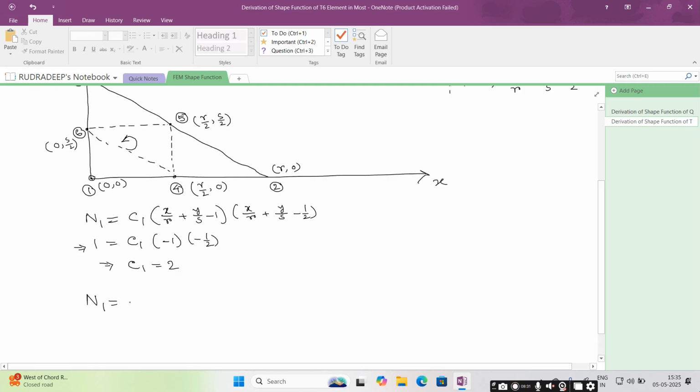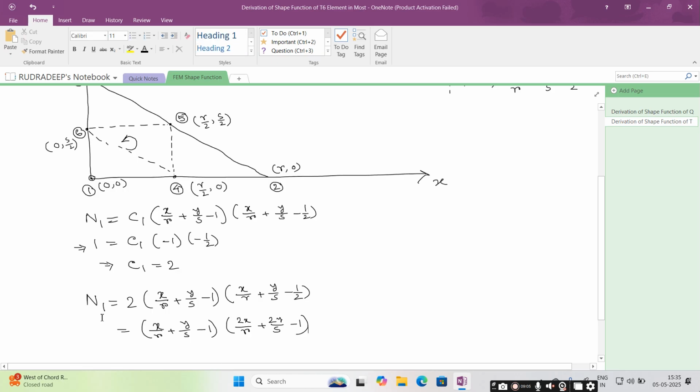N1 would be 2 into x by r plus y by s minus 1 and x by r plus y by s minus half. I will take the 2 inside, so it would be x by r plus y by s minus 1 and 2x by r plus 2y by s minus 1. So this is the shape function for node 1.